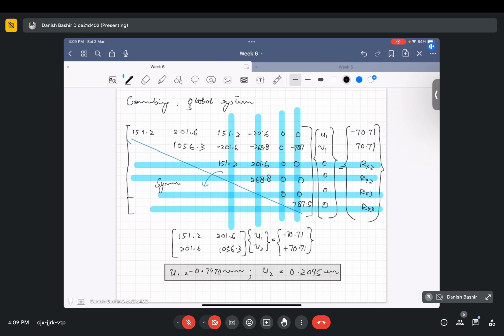So as a homework, you will compute the strains, stresses and actual force in members 1 and 2. Okay. So thank you everyone for joining this session. If you people have any questions, you can ask.